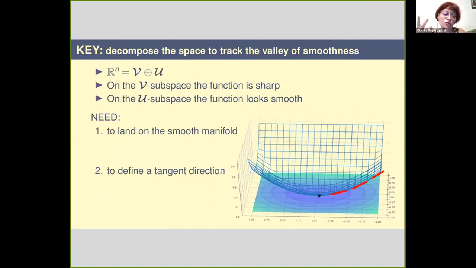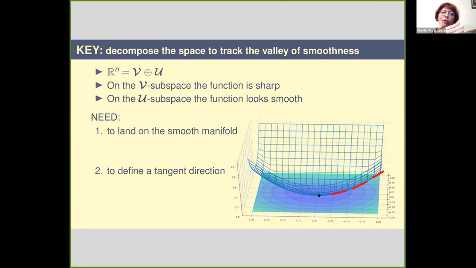So we need those two objects, and this is an important realization: the method is primal and dual. We need a primal point to land in the smooth manifold, and then we need a dual element related to a subgradient, which in a smooth setting would be given by minus the direction of the gradient of the function at that point, right?